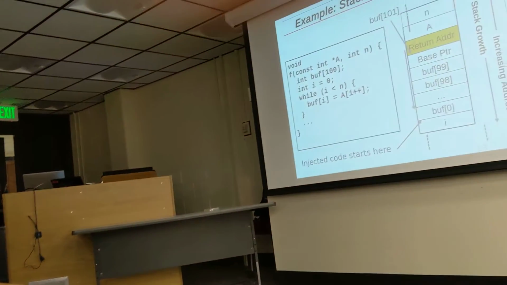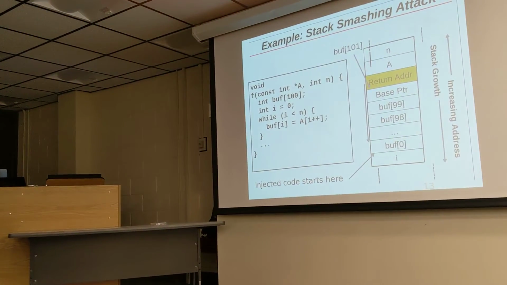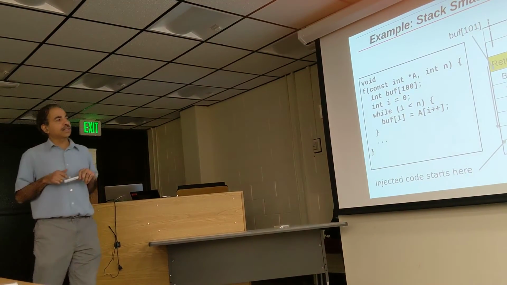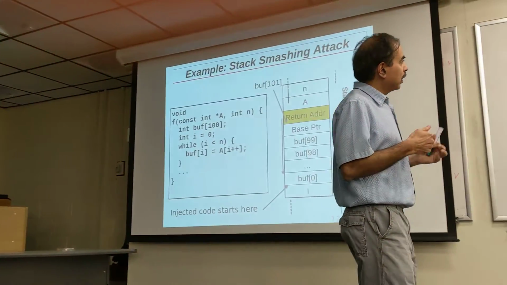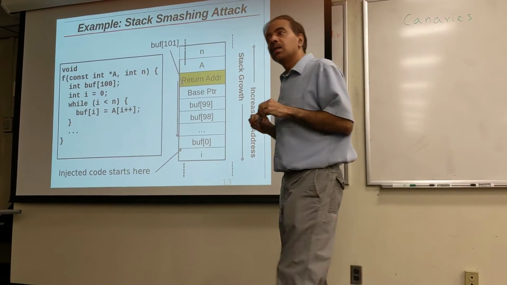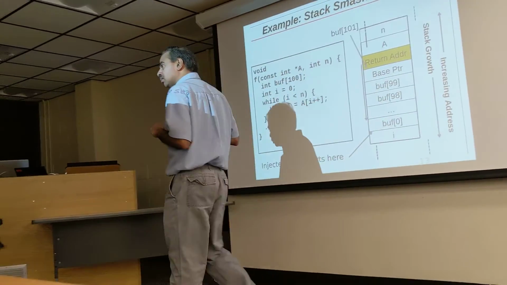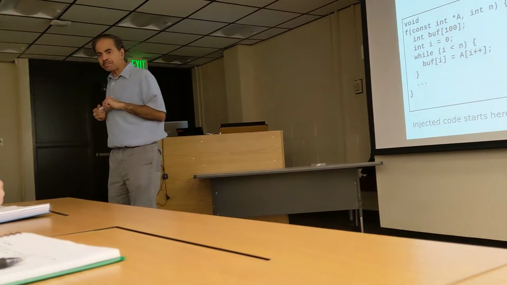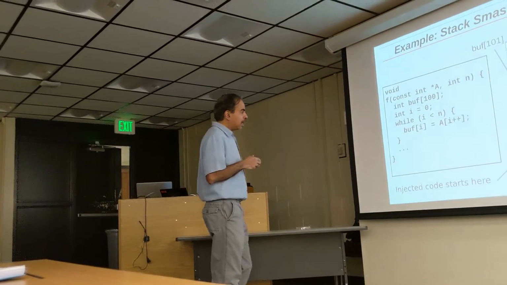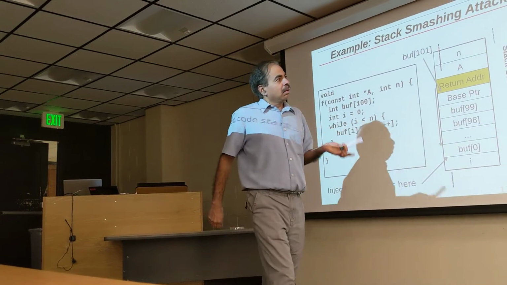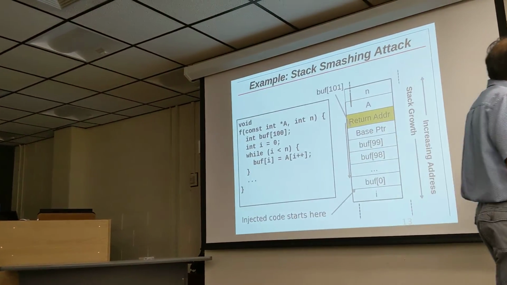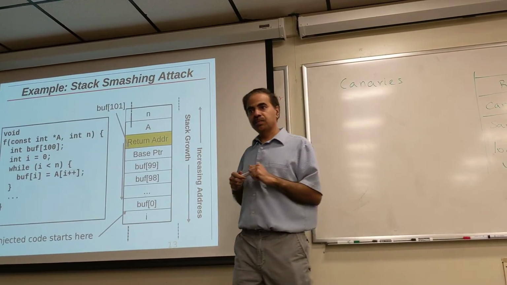And of course, once the canary is in place, the attackers are going to try to figure out, okay, is there something I can do that will allow me to get around this? Okay? So what are the things that the attacker can do, right?